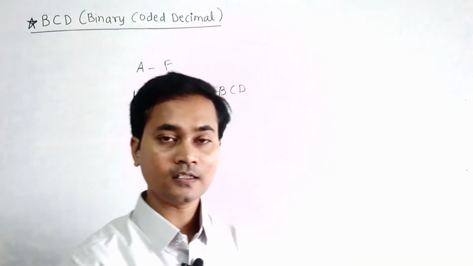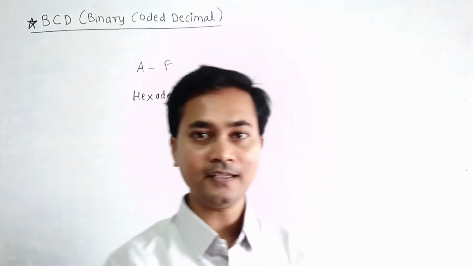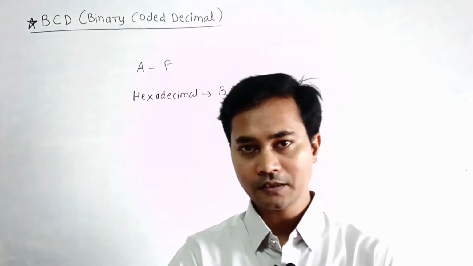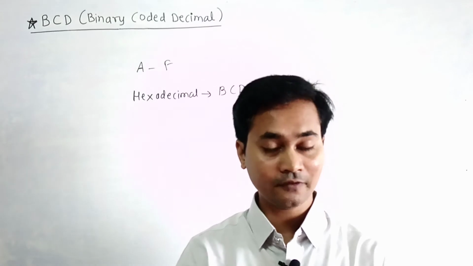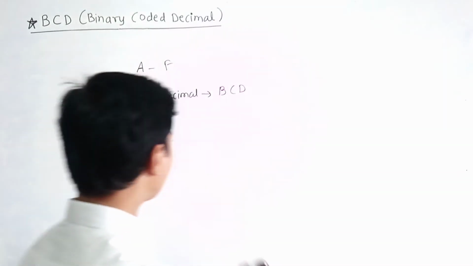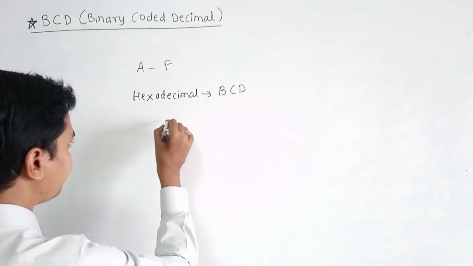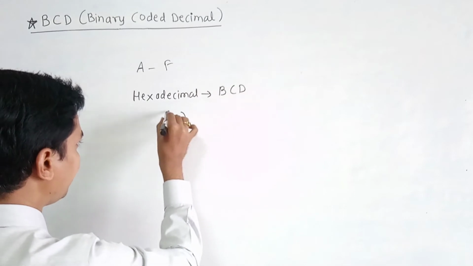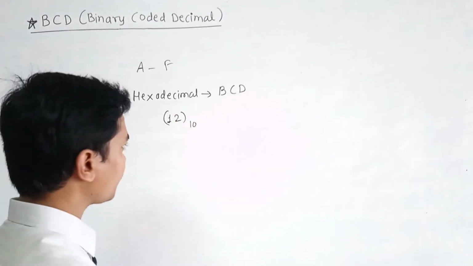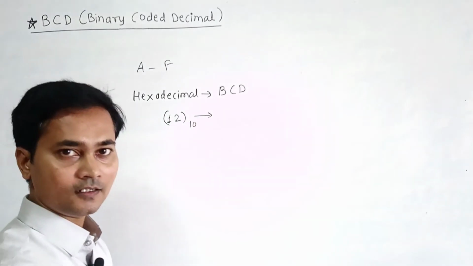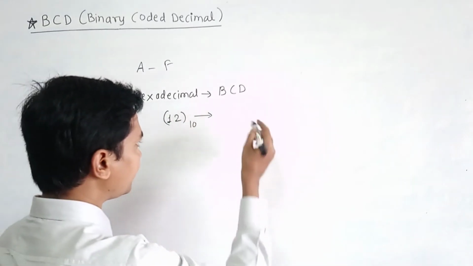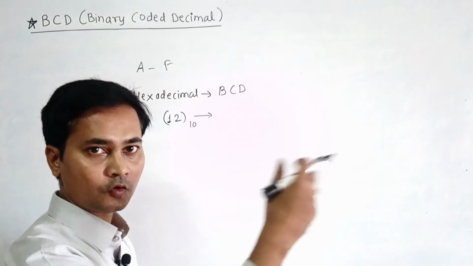So let us see the difference between BCD and our regular binary number system. Let us understand with the help of one example. Consider that we have the value 12 in decimal. How do we show this value in binary? You can use the simple 8421 logic.